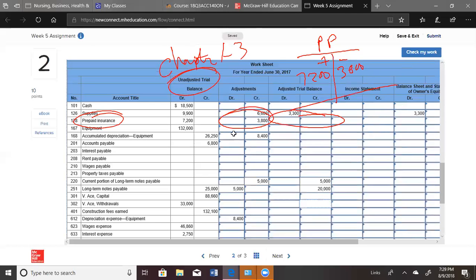Hold on, let me look and see if I can. But you're right, though. All right, 7,200 minus 3,800. That's 3,400. Okay. Where does that go? Huh? Where does the 3,400 go? It's gonna go on the bigger side. Okay. So that would be this. It would be a debit. Yes.